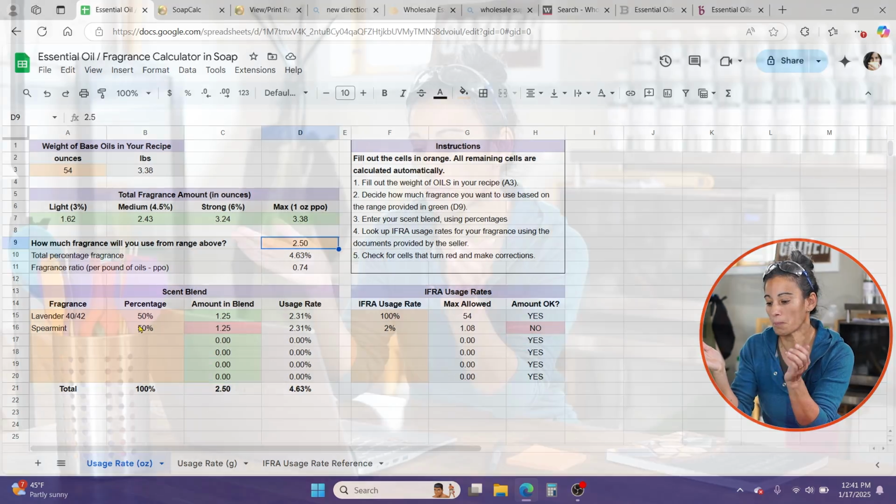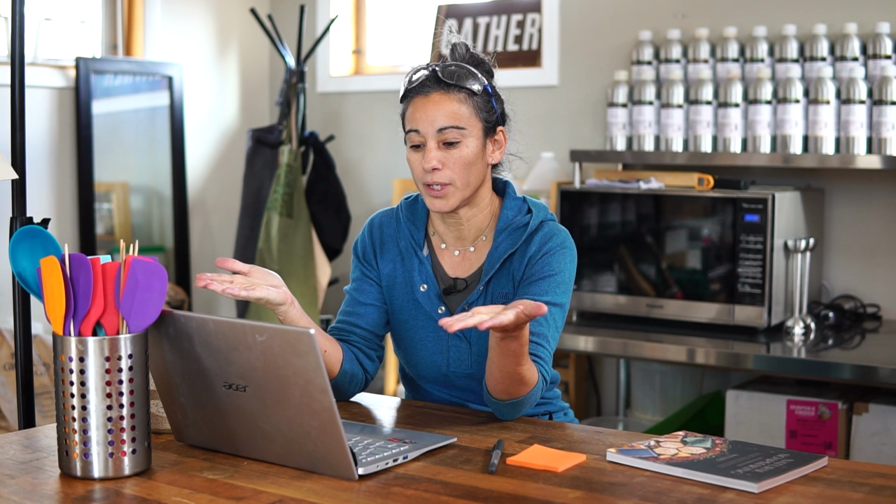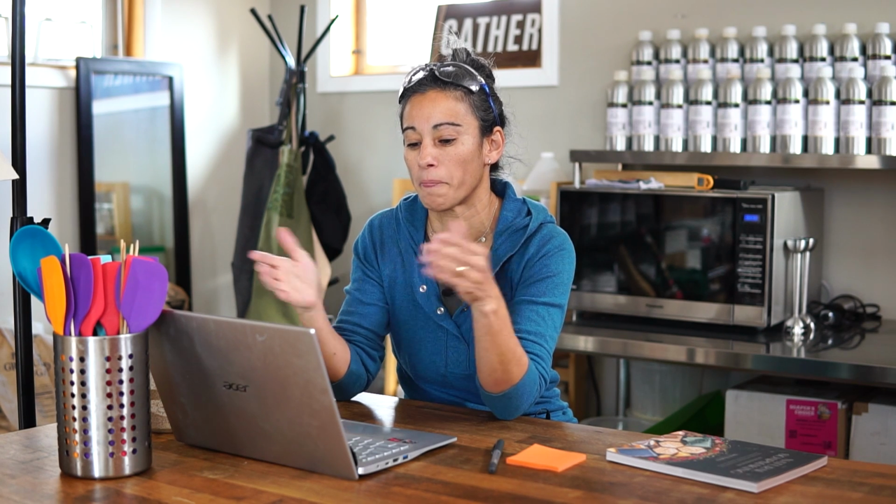So the IFRA is an organization that basically takes an essential oil or a fragrance oil, and they will break it down into the chemical composition of that particular essential oil. I'm just going to say essential oil because that's what we use, but this is also true for fragrance oil.